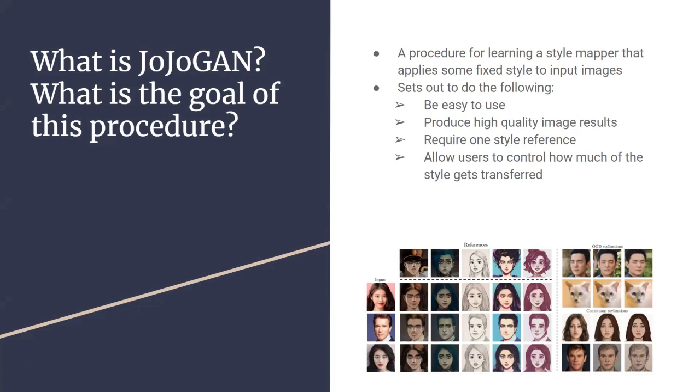Many other similar procedures are either very difficult to use, or the results aren't very good, or they require more style references. But JoJoGAN can use either just a single style reference or multiple.